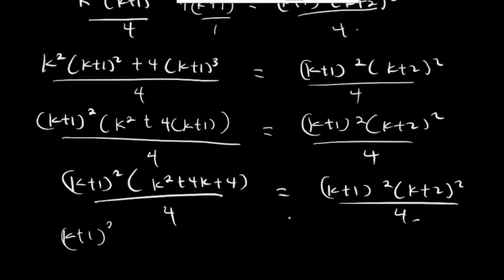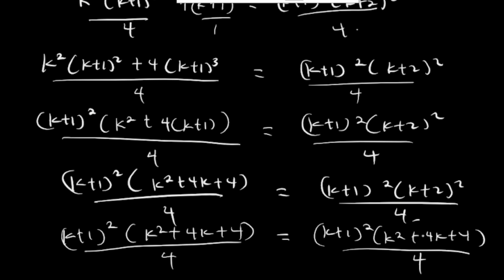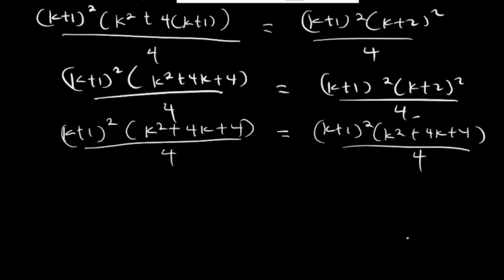So (k plus 1) all squared for this side, k squared plus 4k plus 4 for this side, and this will be equal to (k plus 1) all squared here. Multiplying this is k squared plus 4k plus 4 all on 4. And you can clearly show that our left hand side is equal to right hand side, and therefore our statement is true for n, which is all natural numbers.